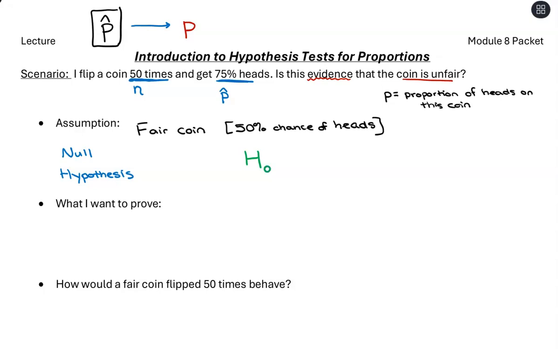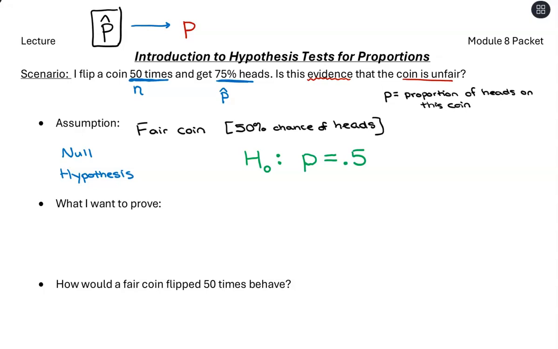That represents our null hypothesis. And our null hypothesis is that our population proportion, P, is equal to 0.5. That right there is our assumption. So if we ask for a null hypothesis, H sub 0, P equals 0.5, that would be my null hypothesis.